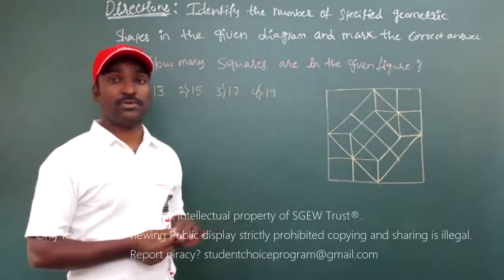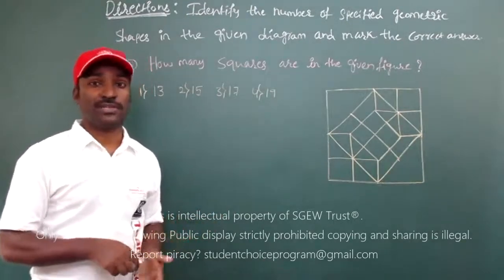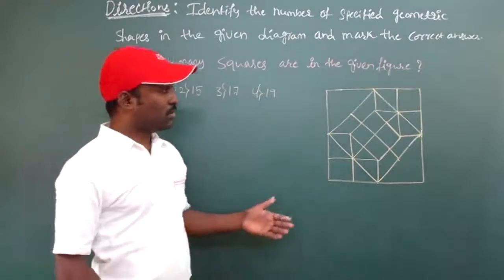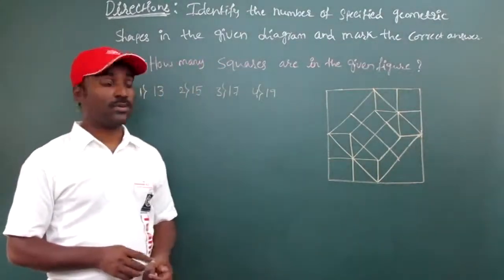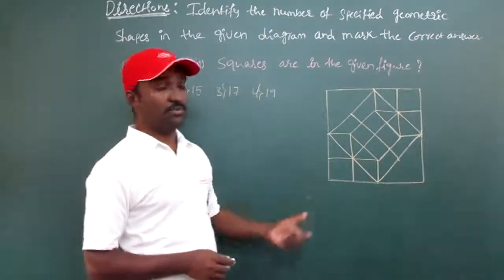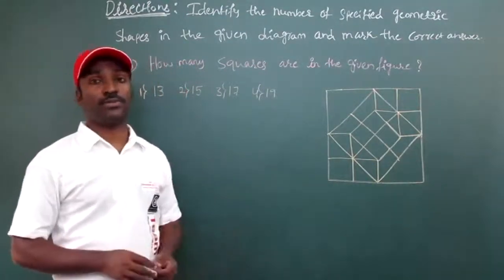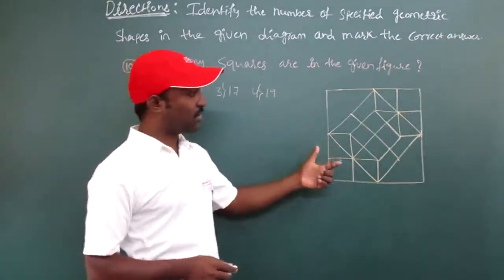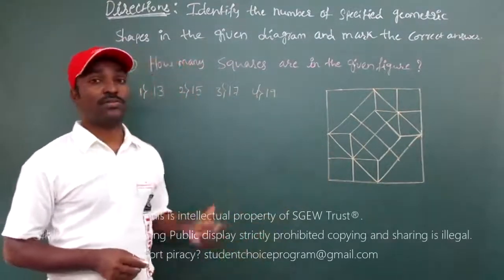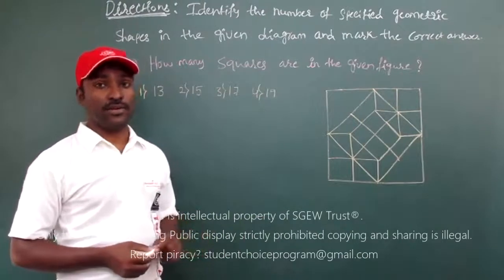So this is the procedure that we followed in the previous example. Even in this example you can follow the same procedure, but this example is simple. There is no need of giving numbers to parts. Just by observing the given figure you can find the total number of squares present in that figure.